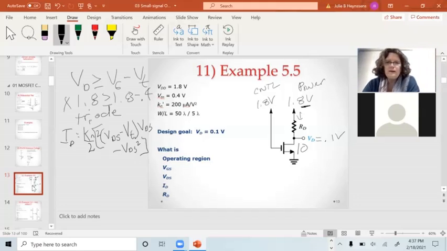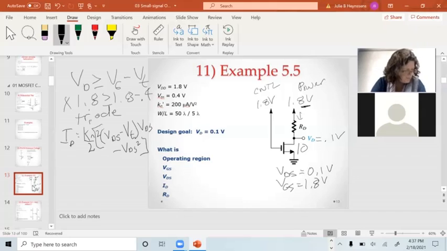Let's see, VDS in this case is 0.1. VGS is 1.8 minus 0, which is 1.8. And VT is 0.4, that was given. What else do we need? We need Kn, which is Kn prime W over L, 200 micro times 10.